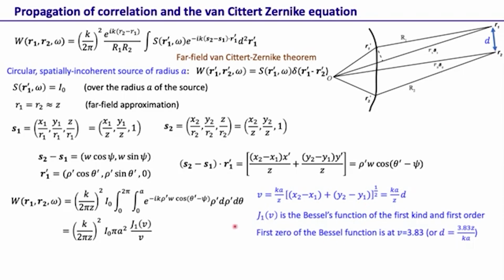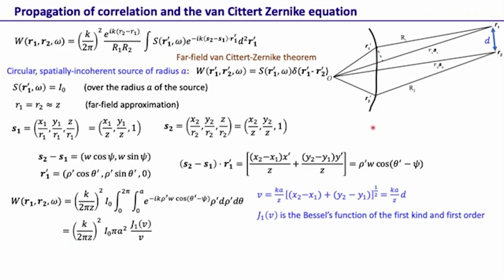Now we see that again we started with a source which was completely incoherent but had a finite size, and then we see that in the far field it has a finite coherence. That means it is no longer the case that the correlation is 0 if R1 is not equal to R2, which is the situation right at the source.